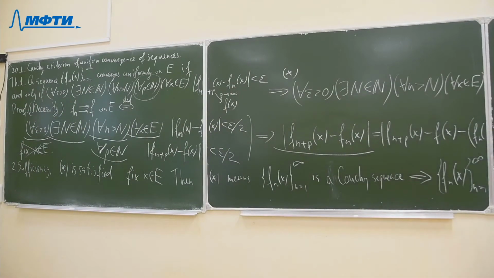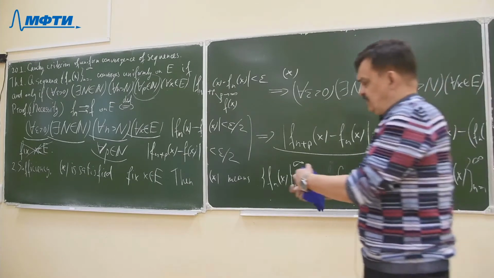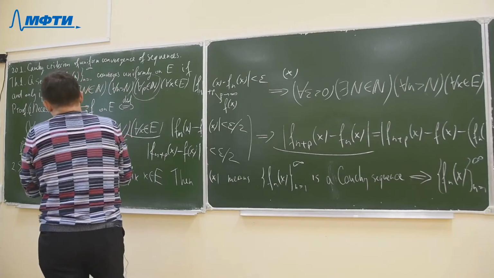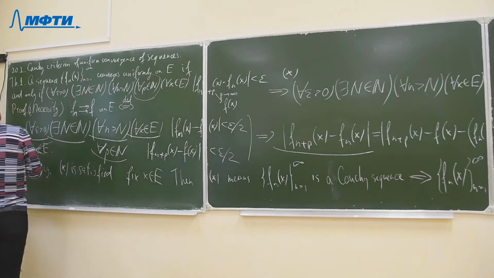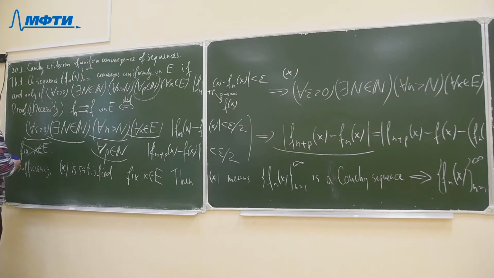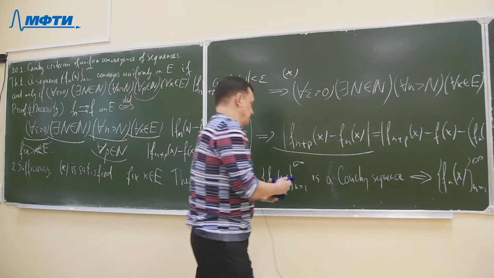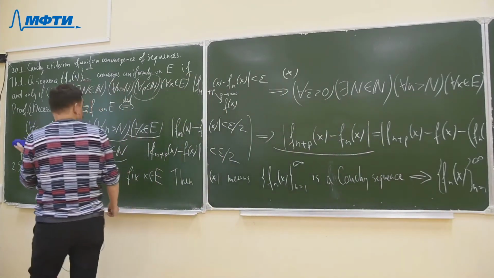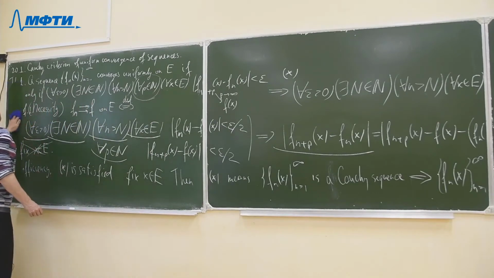Okay. So, now the main topics for today. In fact, that was, I would say, section 20.1, which should be one section about uniform convergence of sequences: definition plus Cauchy criterion, but unfortunately I was not able to finish it last time.